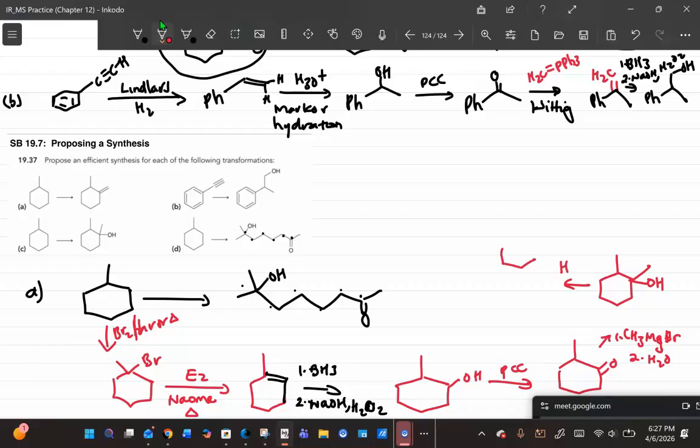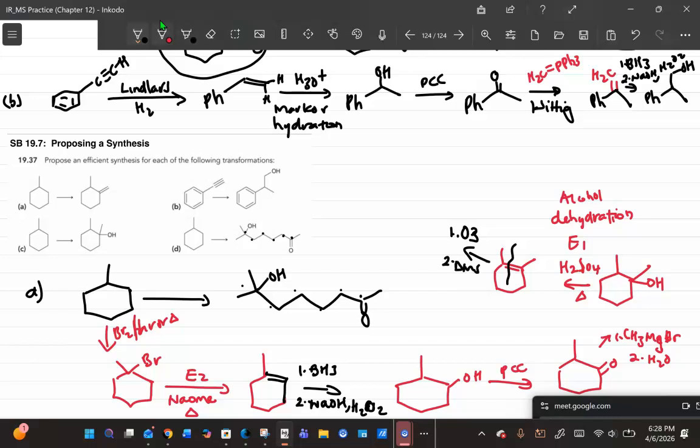Then another one: this is E1, dehydration. It will give you the Zaitsev product. And this would be helpful because I don't need to protect. Then we can do ozonolysis, and ozonolysis is the thing that will open up the ring.